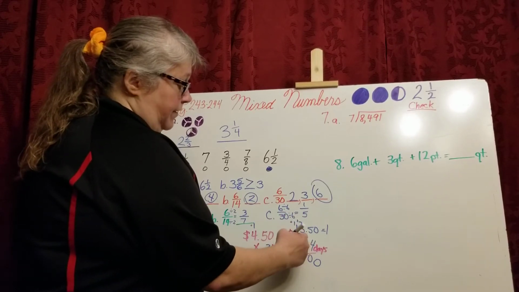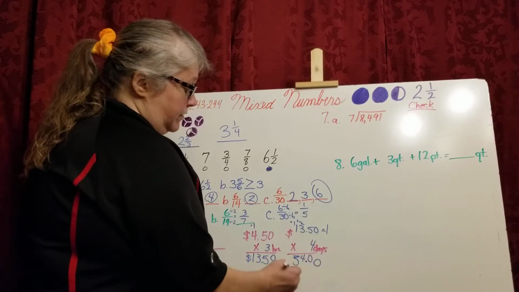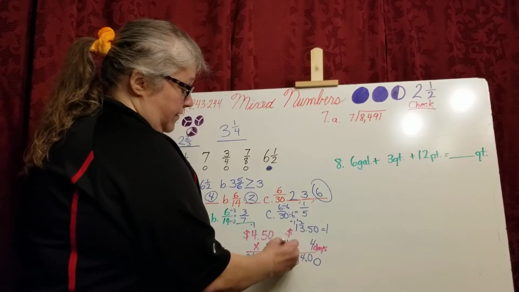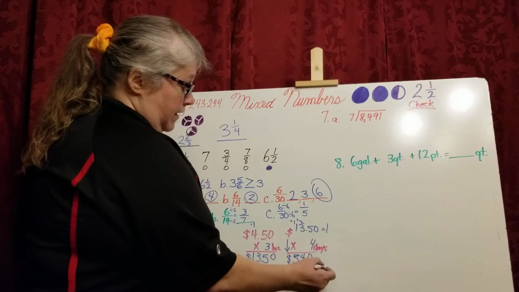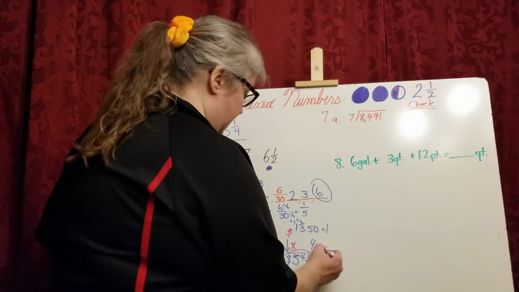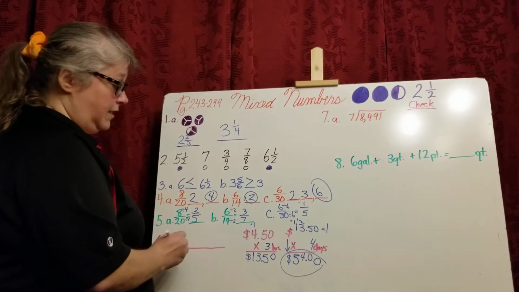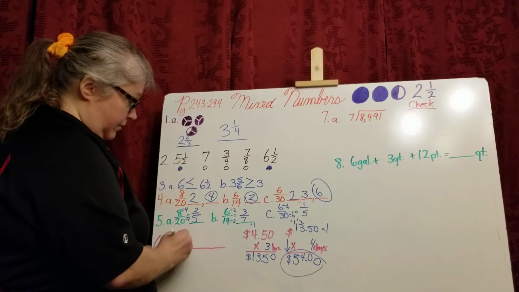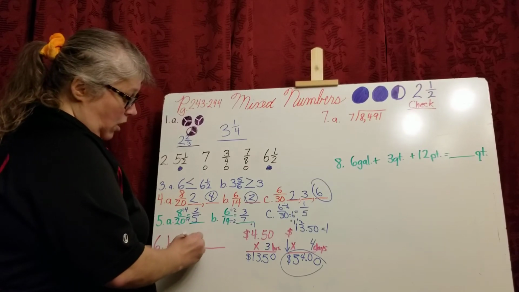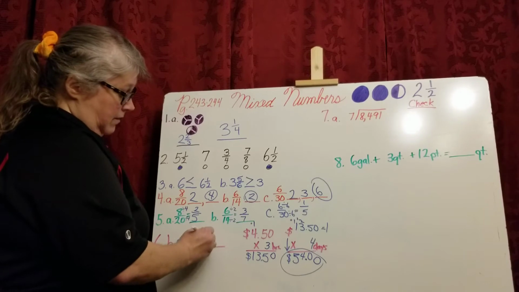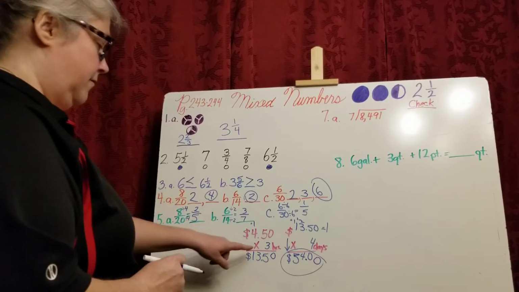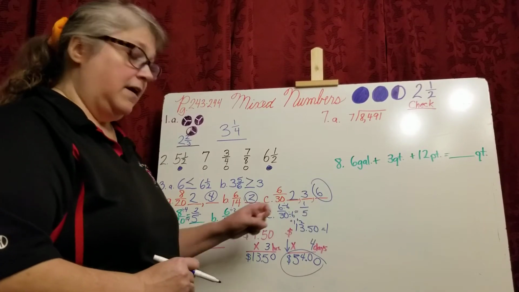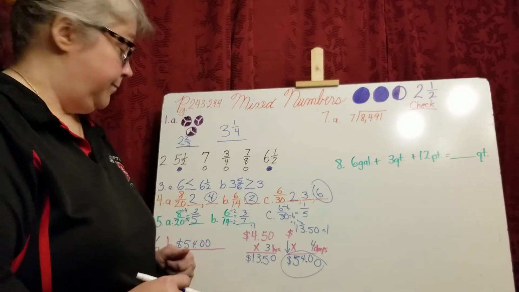Now, we have to put the decimal point to divide the dollars and the cents and bring down the dollar sign. And here's your answer. How much does he earn in total? He earns $54 even if he works 3 hours a Saturday and 4 Saturdays.